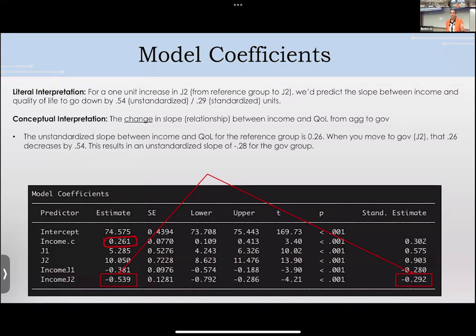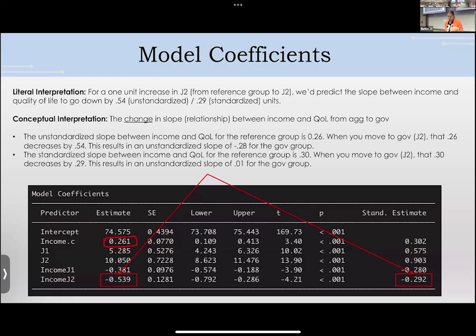That's the starting slope for the reference group. When you move to government, that 0.26 goes down by 0.54, which results in an unstandardized slope of negative 0.28, okay? Standardized, we started at 0.3.